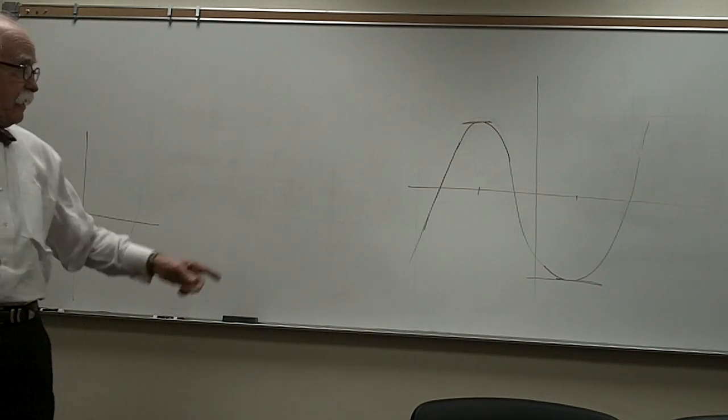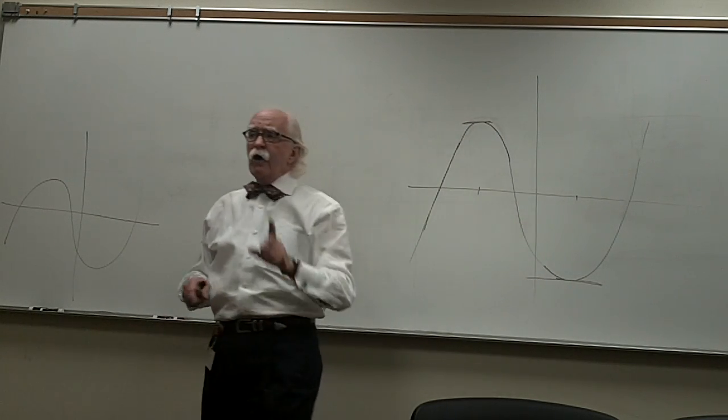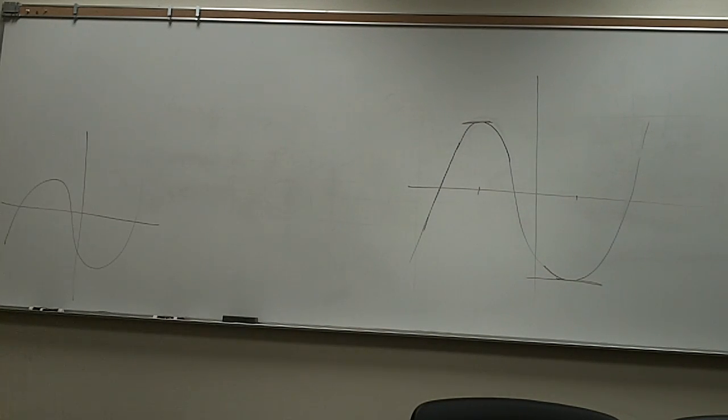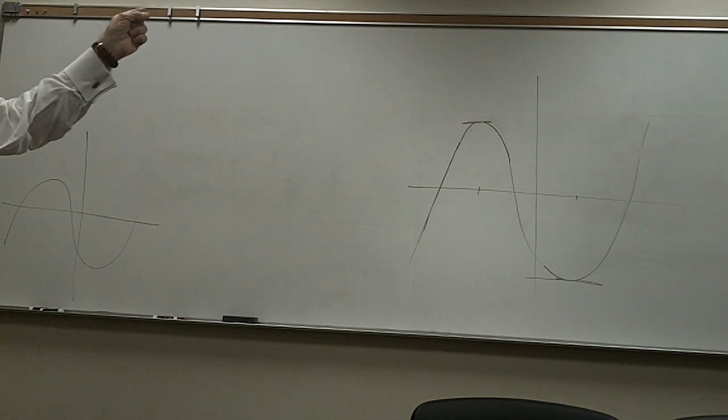You know what these points are called, folks? These points are called critical values of first order. Critical points of first order. Okay? And they are critical points. Let me say this, everybody.